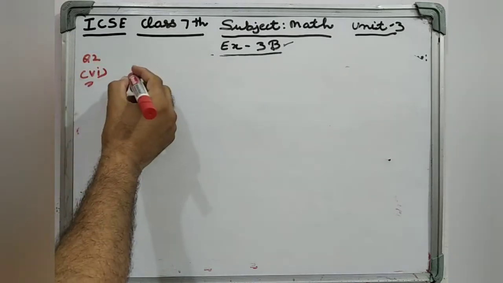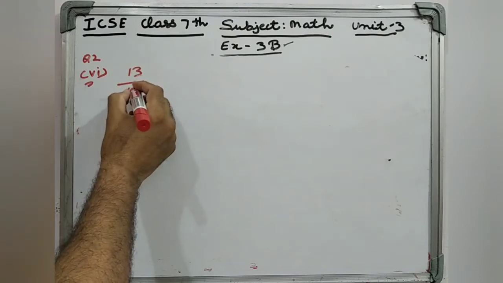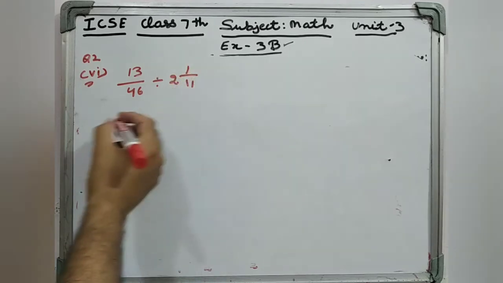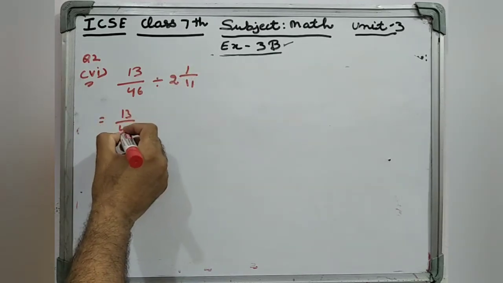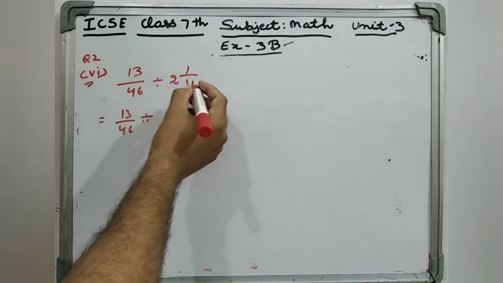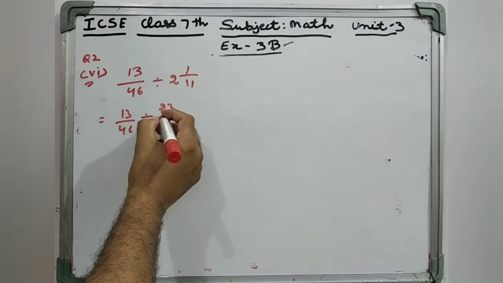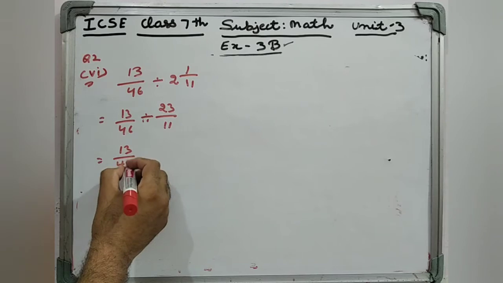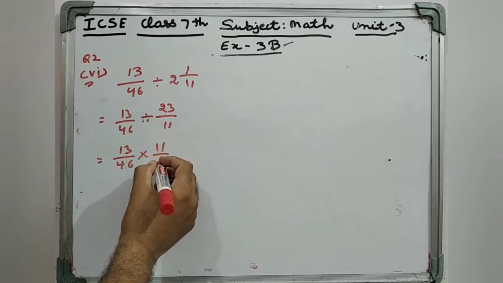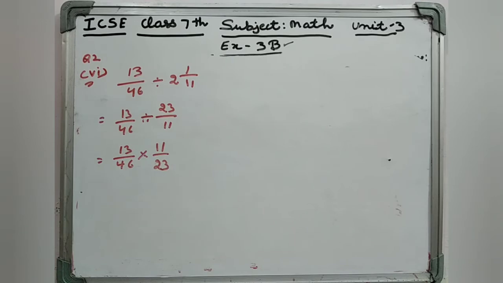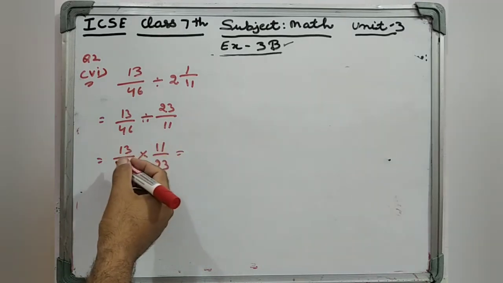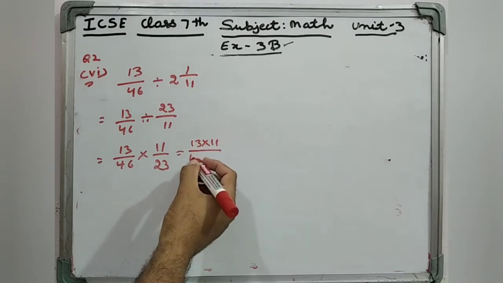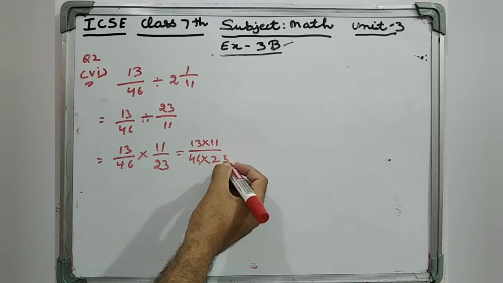That is 13 upon 46 divided by 1 by 11. 13 upon 46 divided by 2 1 by 11, 11 twos are 22 plus 1, 23 upon 11. 13 upon 46 multiplied by 11 upon 23. Now there is no cutting, we will multiply it. 13 multiplied by 11 upon 46 multiplied by 23.